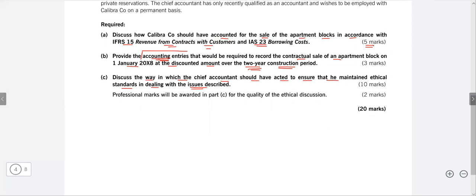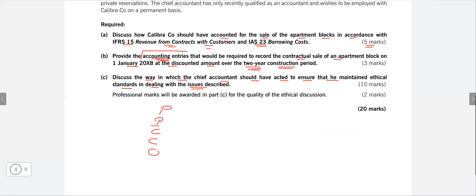So you should have those things in your mind. Let me just write it over here. It's professional behavior, integrity, competence and due care, confidentiality, and objectivity. Professional behavior is following the laws and regulations and avoiding actions that discredit the profession. Integrity is about being honest and straightforward in all business and professional relationships.